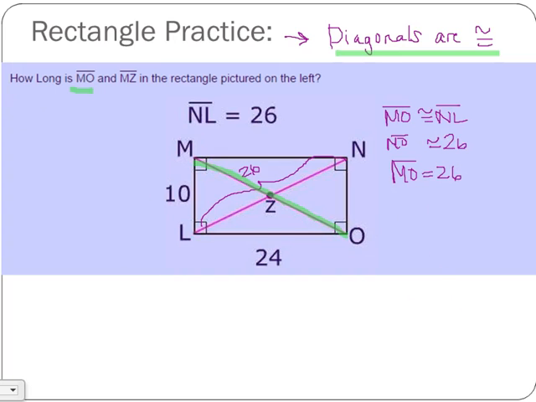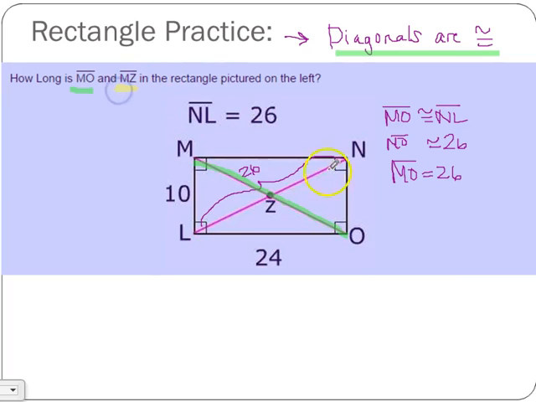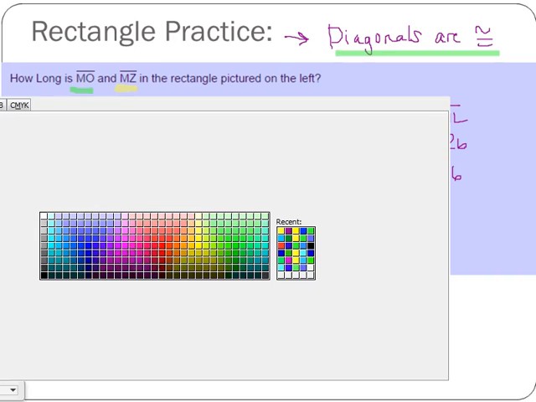What about if we wanted to find the length of MZ? MZ is from here to here. So what is a property that we learned about parallelograms and their diagonals? Remember, a rectangle is a type of parallelogram, so this property is going to hold true for it as well. We learned that the diagonals will bisect one another.